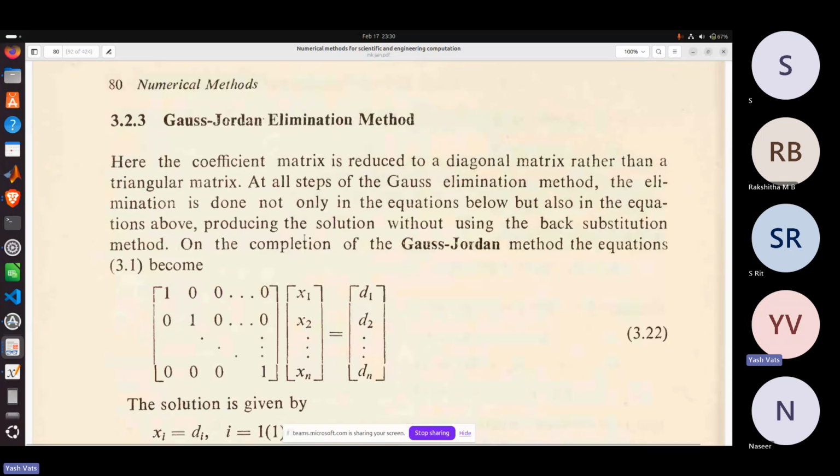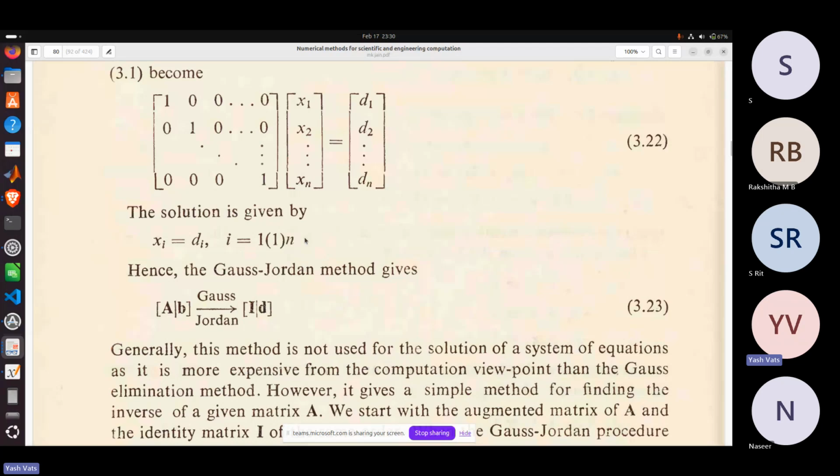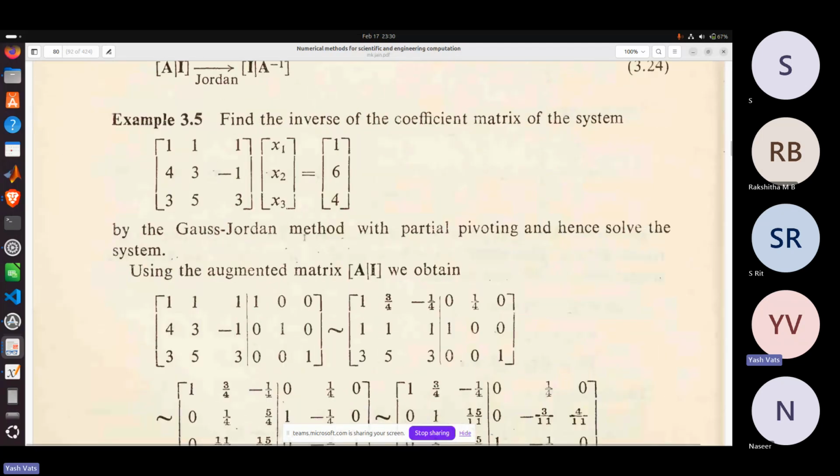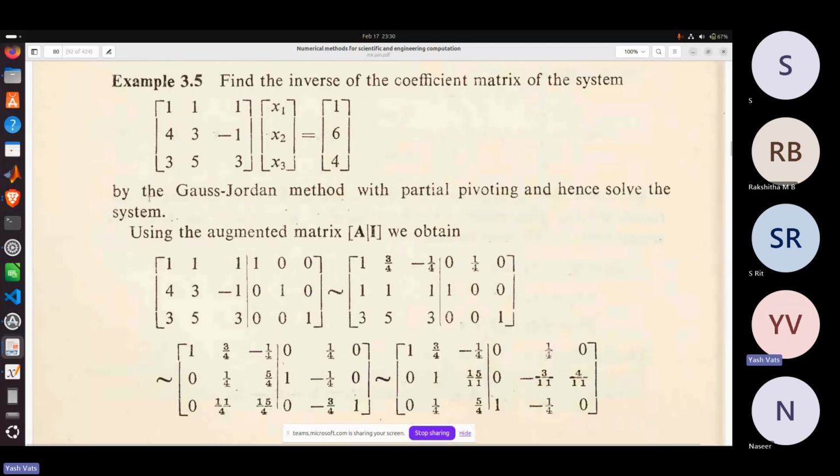So the next method is called the Gauss-Jordan elimination method. So what's new in this? Let's try to see. If you have a certain matrix, you try to invert it.